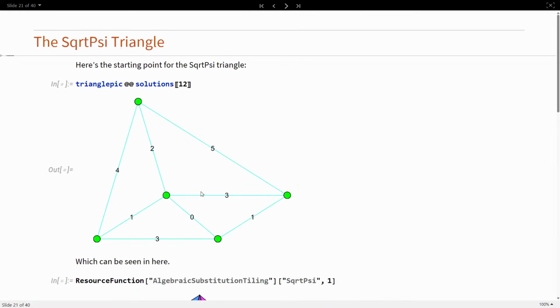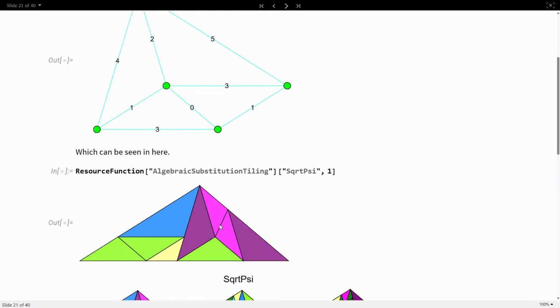So the next one was this one here, the one I showed first. This is seen right here in this tiling system. So I needed to add a few more triangles to it. This larger triangle here is also similar, but it's not scaled the same way. It's not an integer scale in terms of powers for these other triangles.